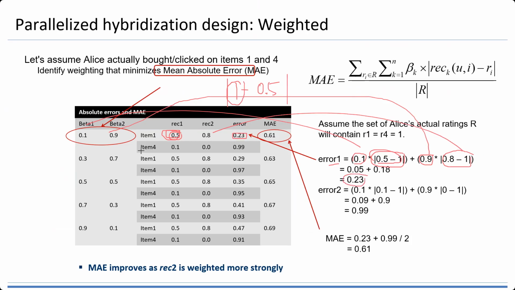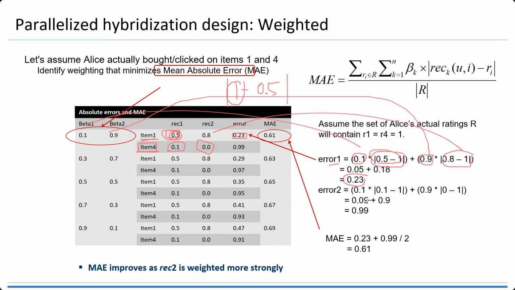And then let's assume we want to check with item 4. In the items case, there is not only item 1, but there might be another item. Let's say I want to measure item 1 and item 4. For item 4, the scores are 0.1 and 0.0.